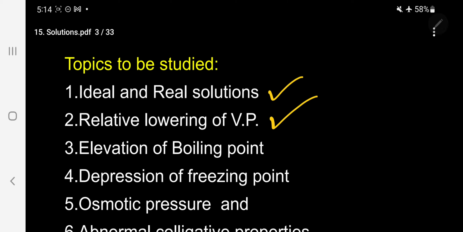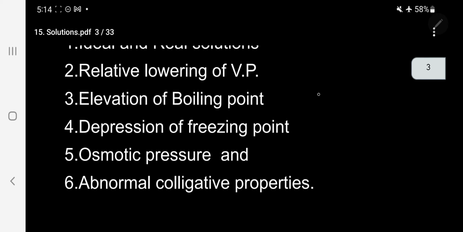Number two, relative lowering of vapor pressure. That is first lowering of vapor pressure, another is relative lowering of vapor pressure. Three, elevation of boiling point. Four, depression of freezing point. Five, osmotic pressure. And six, abnormal colligative property.